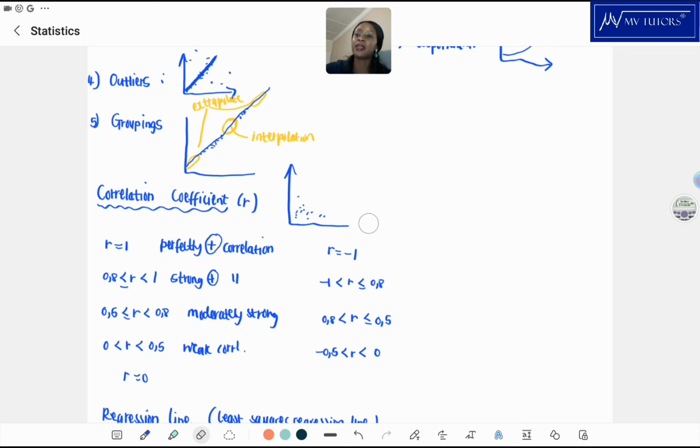So that is what I mean. And the same is true for the other side with the negative. This would be perfectly negative correlation, okay. And again, if we go from -1 to -0.8, it would be a strong negative correlation.